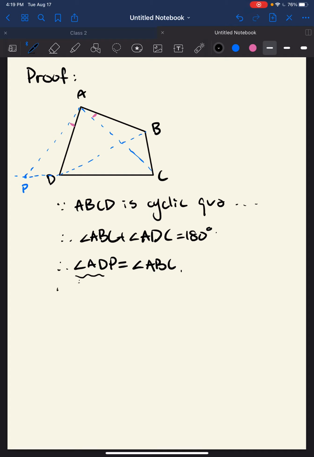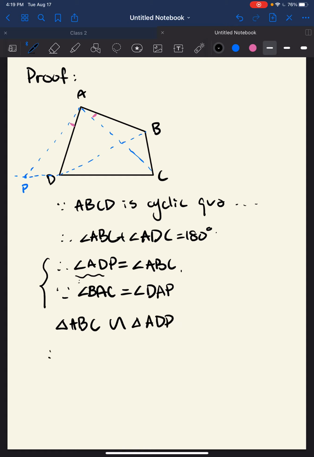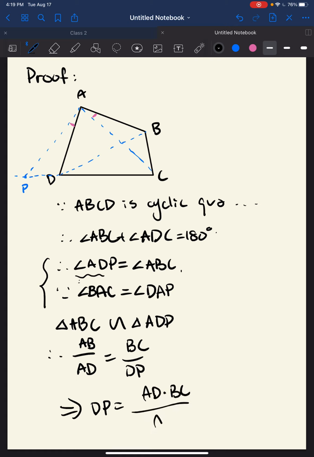And since angle BAC equals angle DAP, which are these two pink angles that I labeled, triangle ABC should be similar to triangle ADP. Therefore, AB over AD should equal BC over DP, and this could be written as DP equals AD times BC over AB.